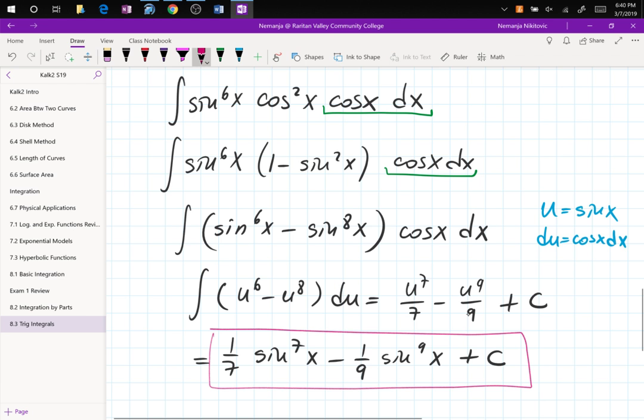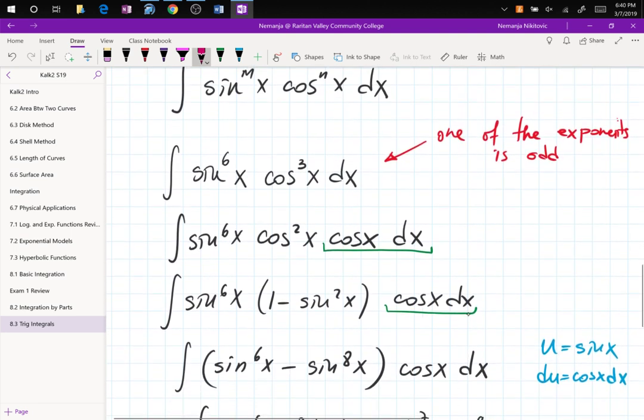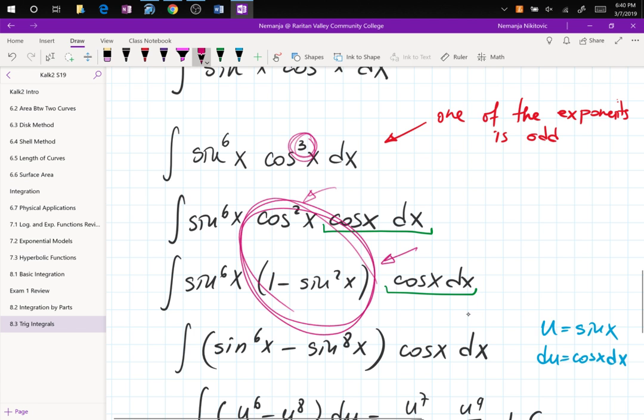Awesome. So for this entire problem, where's the money? Money is right here. That's where the money is. When you peel off the odd exponent, the remaining exponents are even. And if you have even exponents, you can break them into squares and transform each one of those using this formula.